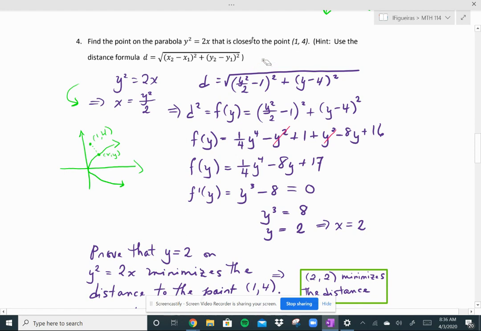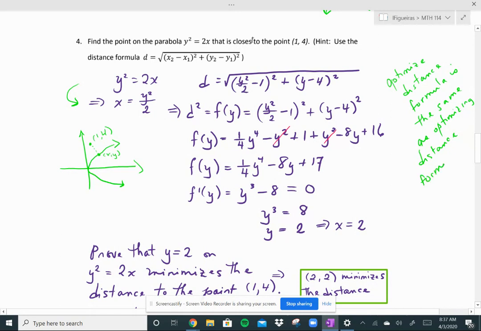Okay, so now we have a function, and here, this is something you're going to want to remember for future math classes. So if you optimize the distance formula, which is what we're doing, that is the same as optimizing the distance formula squared.